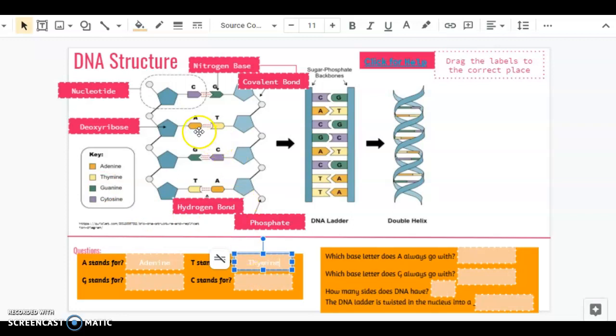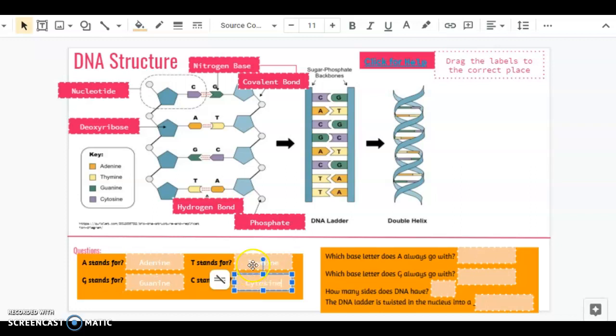And remember, when I say A and when I say T, what I'm really talking about are nitrogen bases that would be found joined together in the middle to form the steps of the DNA ladder. What does the G stand for? Well, here in the key, we see the G stands for guanine. And the C stands for cytosine.